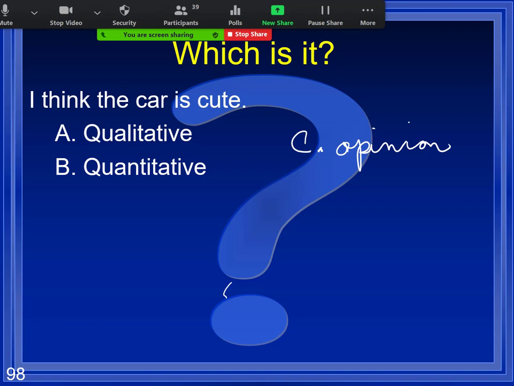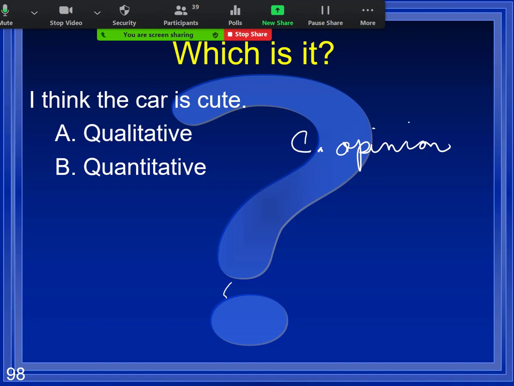If somebody walks up and says that car is cute and somebody else says that car is not cute, who's wrong? Well, beauty is in the eye of the beholder. Neither one's wrong. But if somebody walks up and says that car is blue and someone else says no, it's yellow, somebody's wrong. It's either blue or it's yellow.